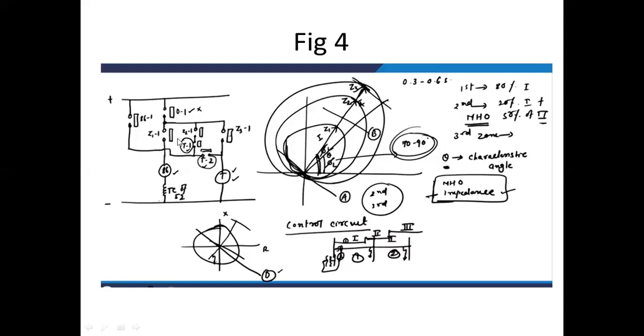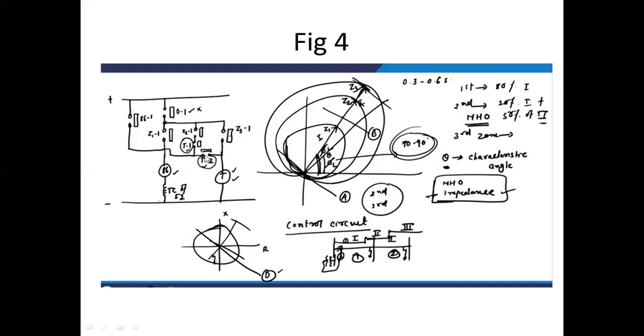So this is your Z21, and this Z21 is connected with one contact known as T1, which is connected here, and another contact connected here.